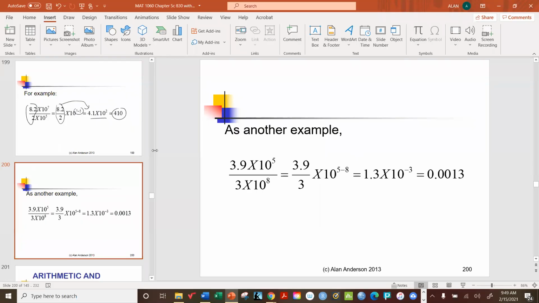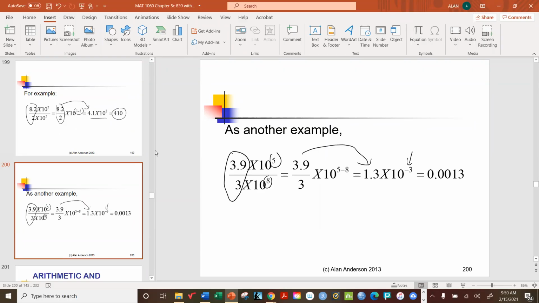Here we go. Here's a good example. So you can see the coefficients are 3.9 over 3. Over here, I can consolidate the two exponents using the quotient rule, 5 minus 8. So this turns into 1.3. And here I have negative 3.